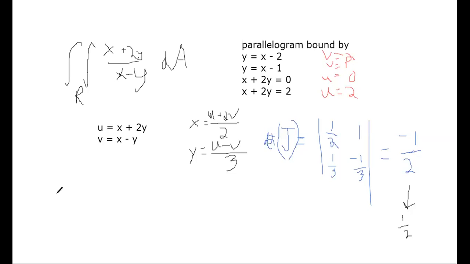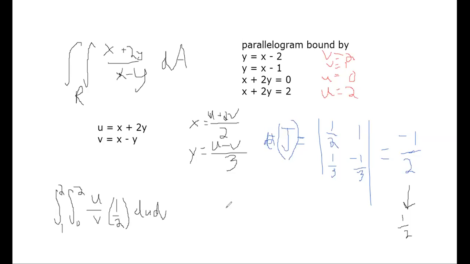We have the integral from 1 to 2, this is our v, and the integral from 0 to 2, this is our u, of u over v times the Jacobian factor. As I said, we're going to do our u's first and then our v.